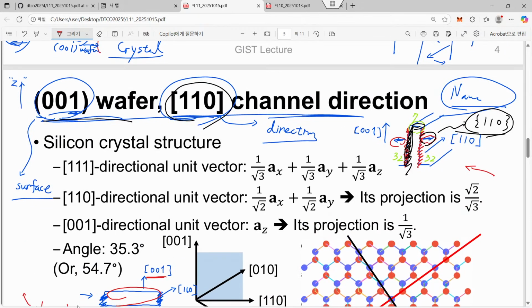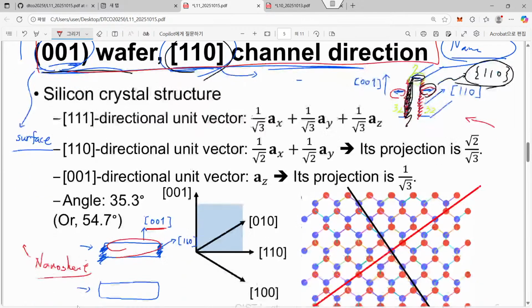So anyway, this is the most widely used standard configuration of our electronic devices. We have a 001 wafer surface, and the channel direction is 110.